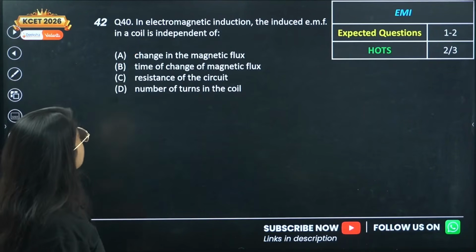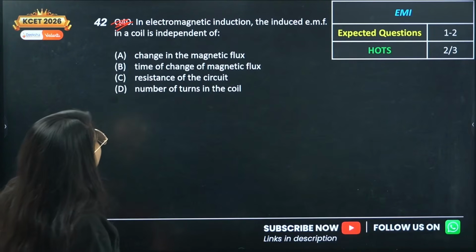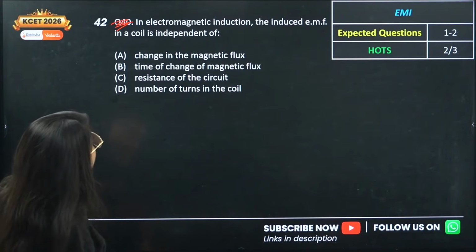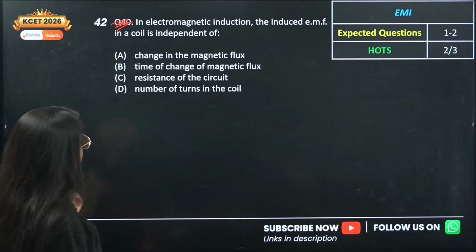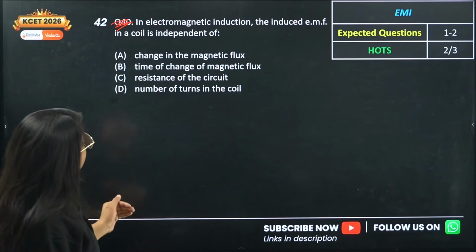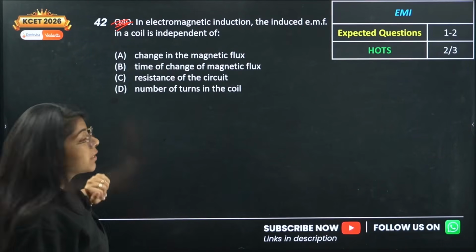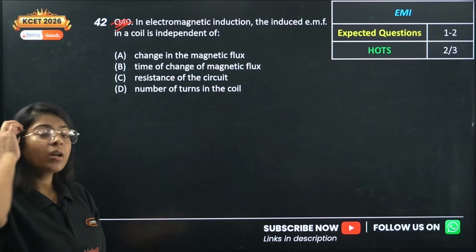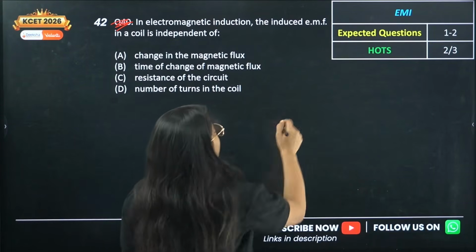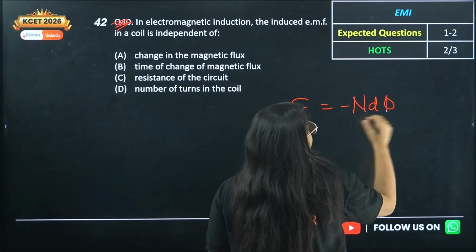42nd question says, in electromagnetic induction, the induced EMF in a coil is independent of change in the magnetic flux, time of change of magnetic flux, resistance of the circuit, number of turns in the coil. Now, for this you should remember the formula for electromagnetic induction, which is nothing but minus N d phi by dt.